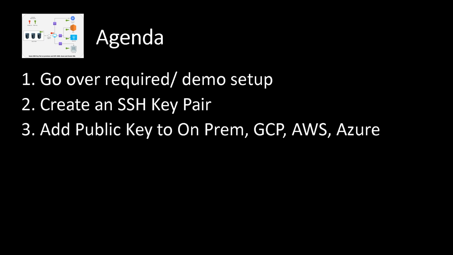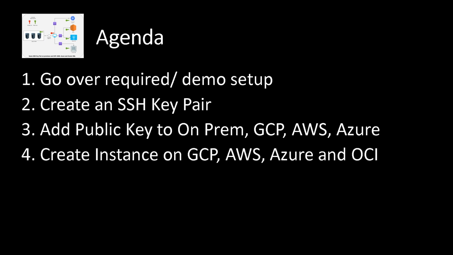Then we are going to add the public key of the key pair that we have created onto an on-premises instance and then into the GCP, AWS and Azure consoles. Then we are going to create instances on GCP, AWS, Azure and OCI using the public key that we had earlier uploaded.